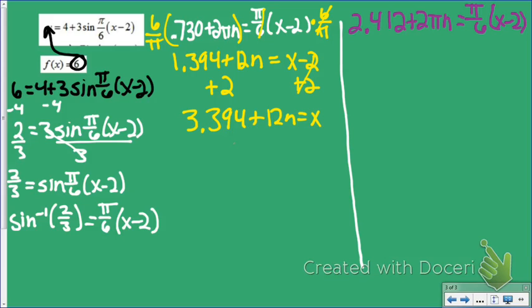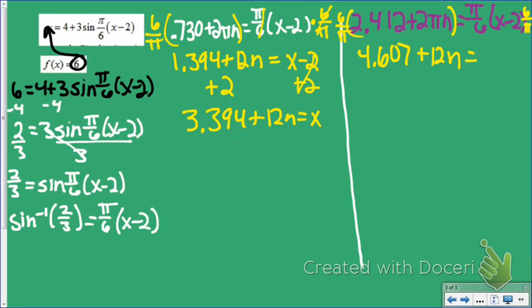Okay, now I'm going to solve this other part for the rest of it. Again, multiply by 6 over pi on both sides. I'm going to get a little bit of a different answer. I'm going to do 2.412 times 6 over pi in my calculator, and I got 4.607 plus 12n.